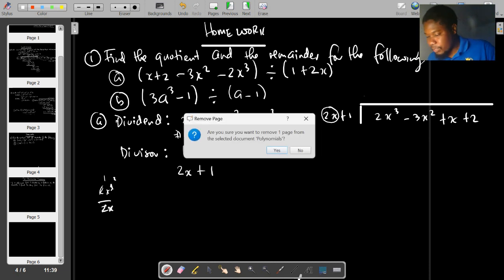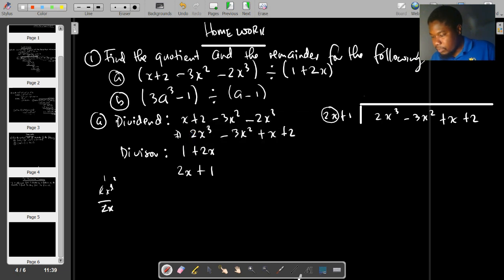So x squared goes on the term in the dividend that has x to the power 3, so it's the power 2. So we say x squared times 2x will be 2x to the power 3, and then x squared times positive 1 will be plus x squared.